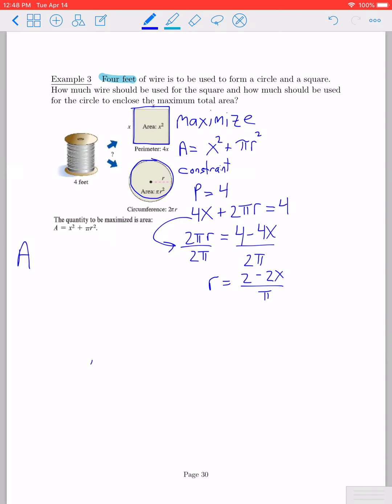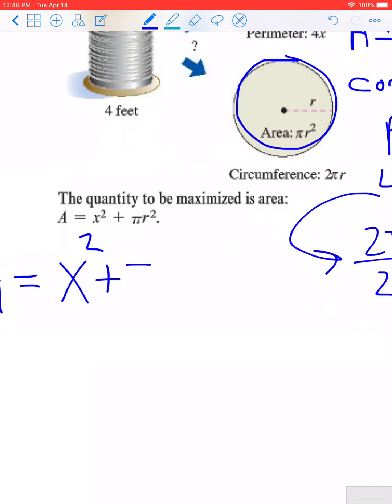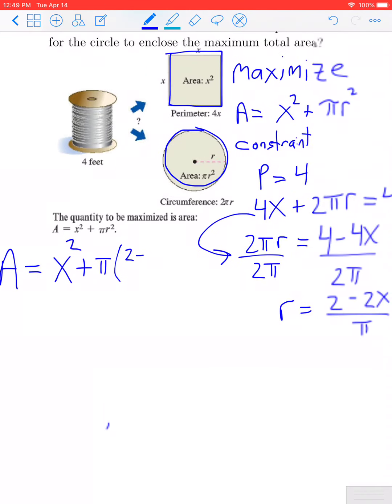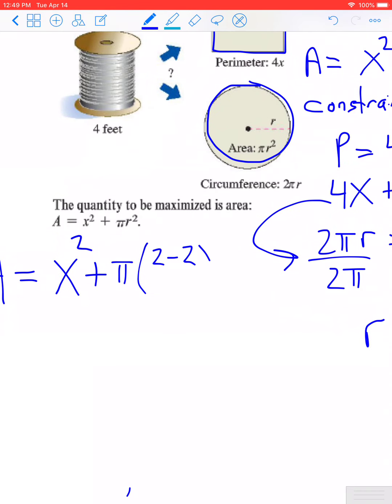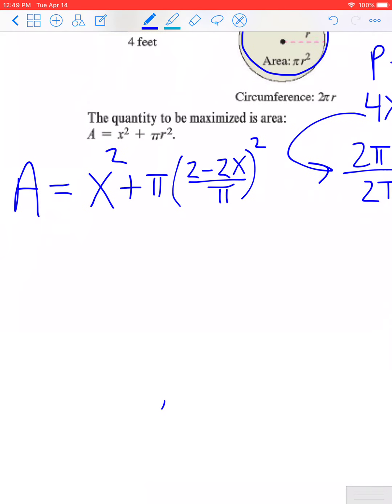So wherever we have area, this is going to be x squared plus pi times (2 minus 2x divided by pi), and then that whole thing is going to end up being squared. And this gives us A as a function of x.